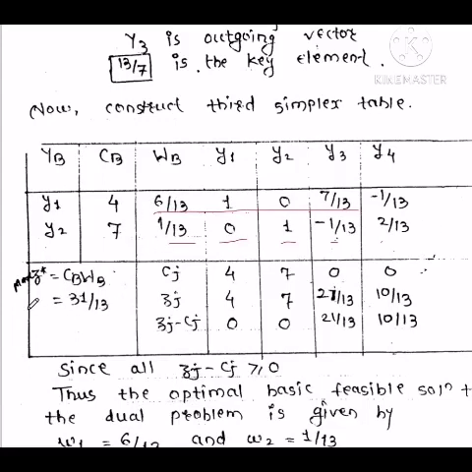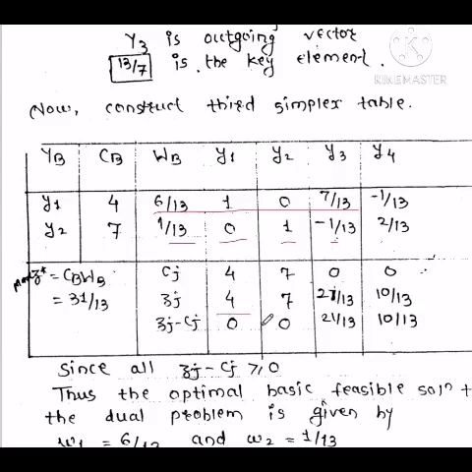Then find out maximum z star, that is CB WB, which is given as 4 into 6 by 13 plus 7 into 1 upon 13, that is 31 by 13. So Cj means C1, C2, C3, C4. Zj means Cb into Y1, that is 4, then Z2 means Cb into Y2, then Z3 means Cb into Y3, and Z4 means Cb into Y4.